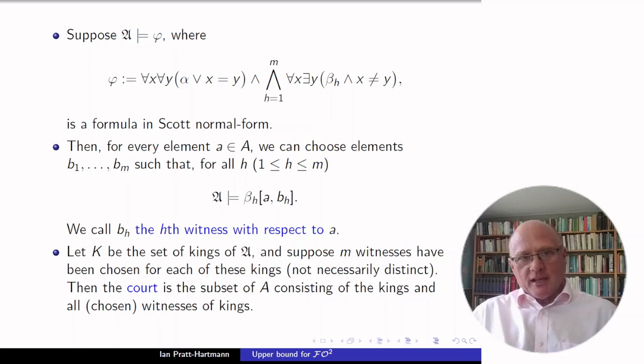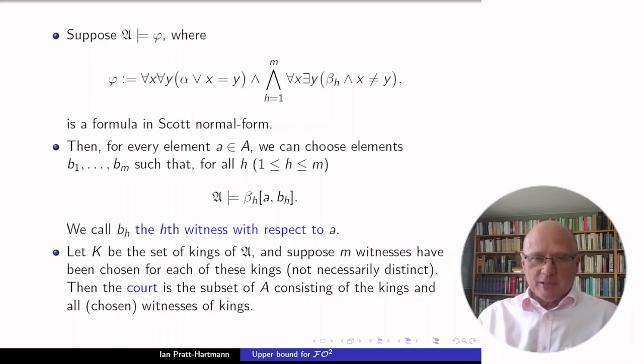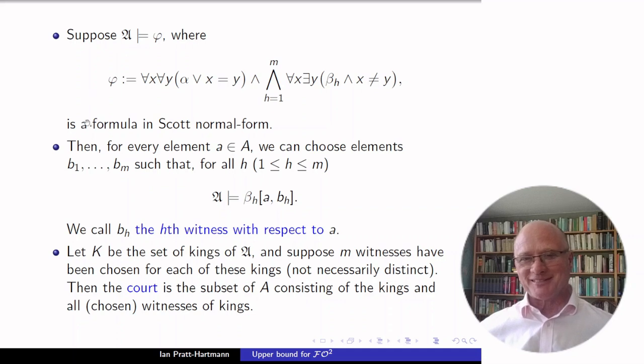Next idea. Suppose we have a formula in Scott normal form which is satisfied in some structure. I'll use the following terminology, which helps to talk about things more succinctly. If we have an element A in the domain of that structure, there must exist, looking at these conjuncts here, elements B1 to Bm such that for all h, the pair A, Bh satisfies the corresponding formula.